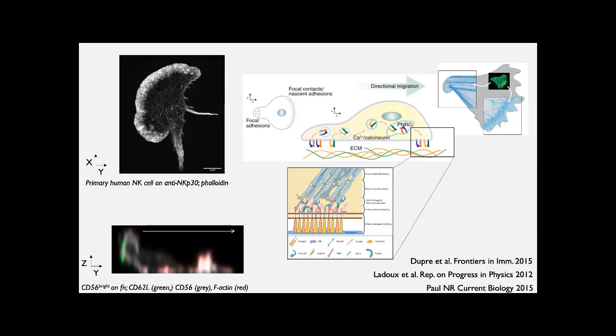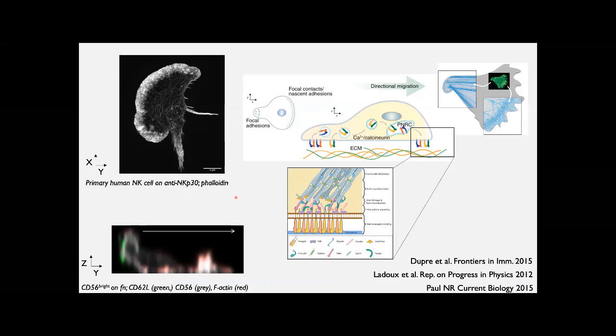And it's also heavily dependent on integrins, which help to mediate traction, particularly through the mid-body of the cell, and in addition help to mediate adhesion to the extracellular matrix. And of course, NK cells, like all lymphocytes, are quite rapid in their migration. And so we also know that the contraction of the uropod is really important for this process.